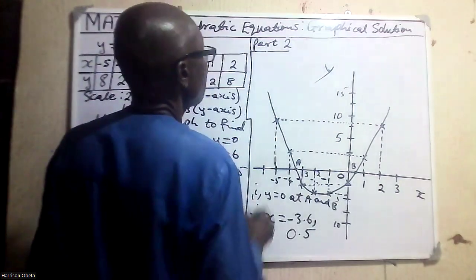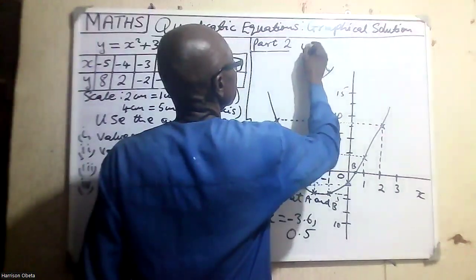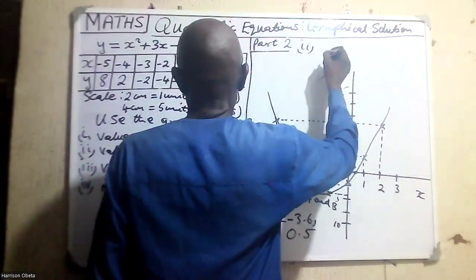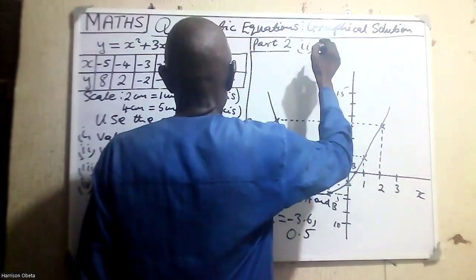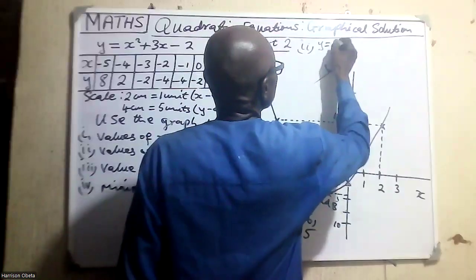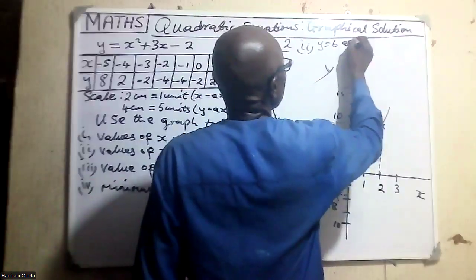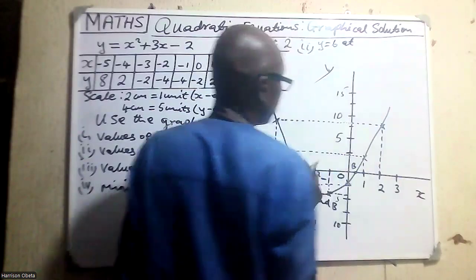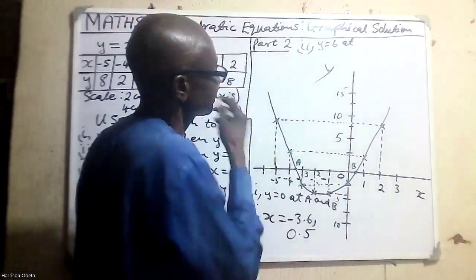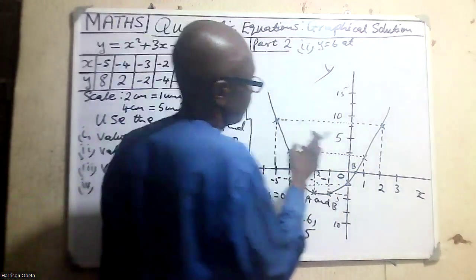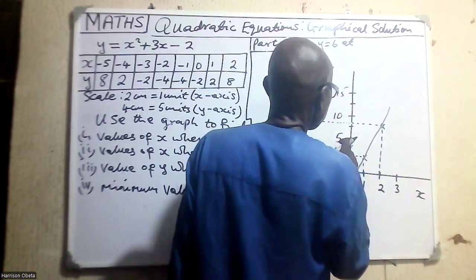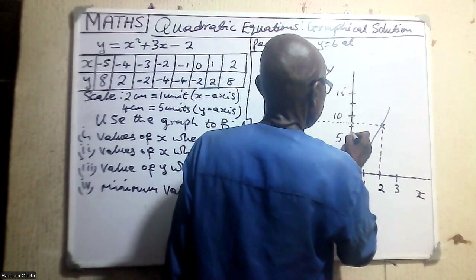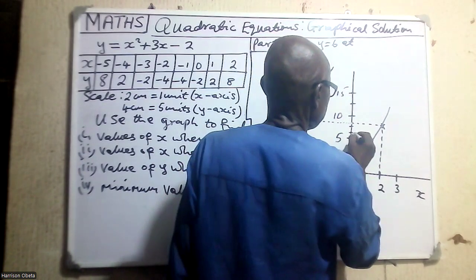So coming up here, y equal to 6 at, you check where y is equal to 6, and that is 4 small boxes above 5. So let's take it to be here.